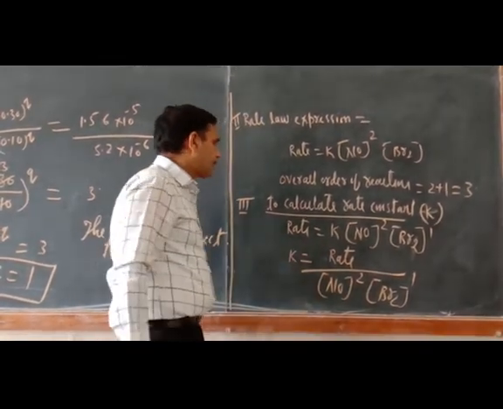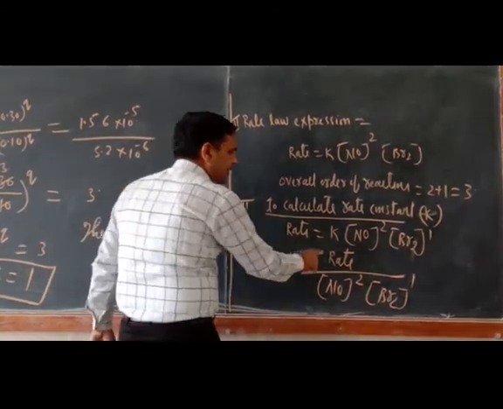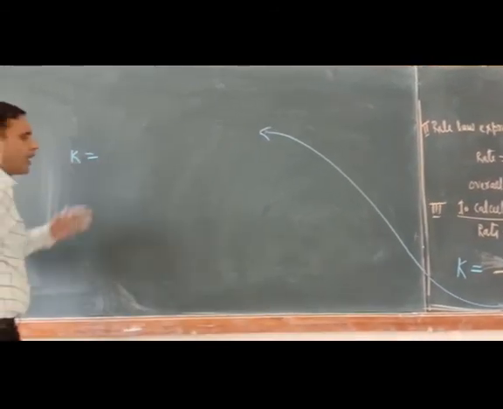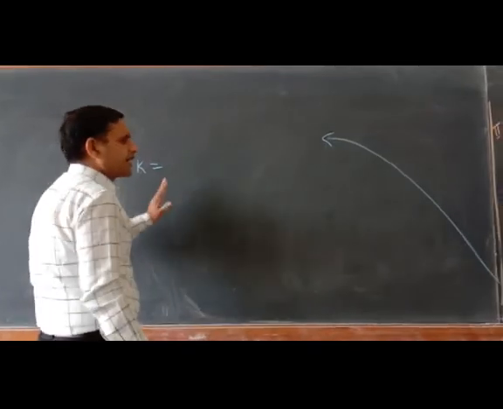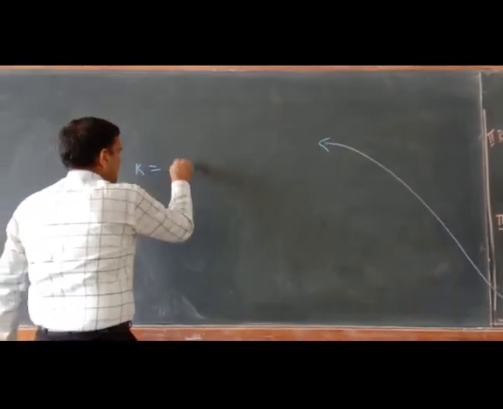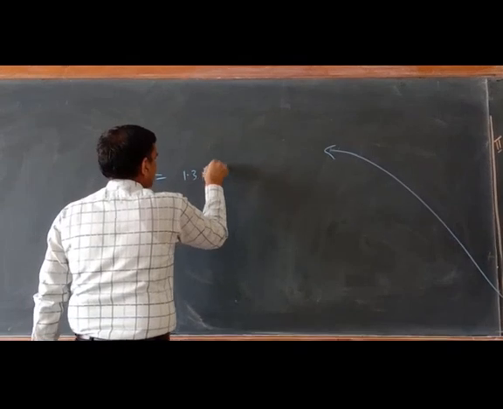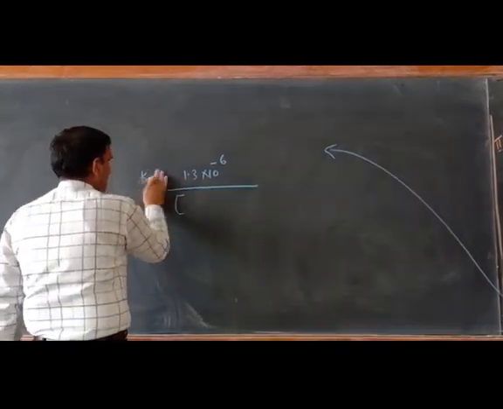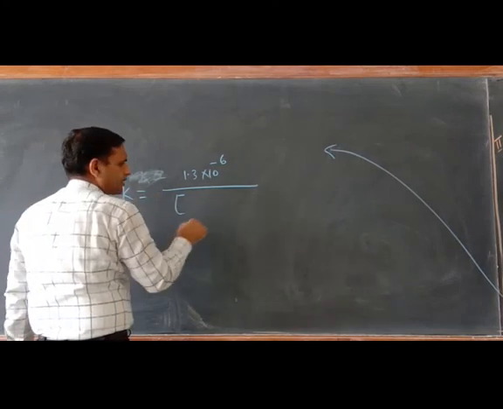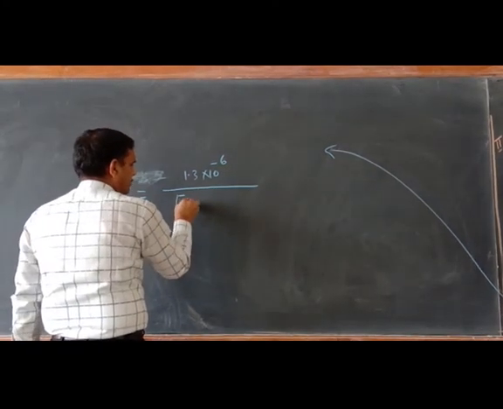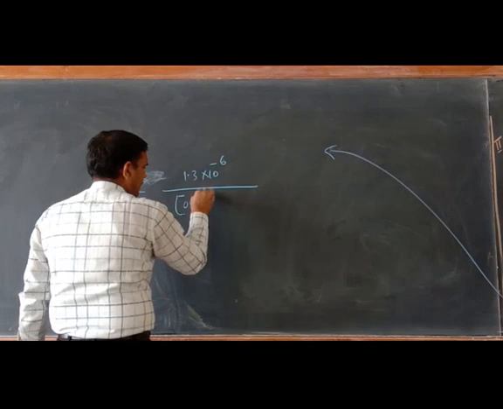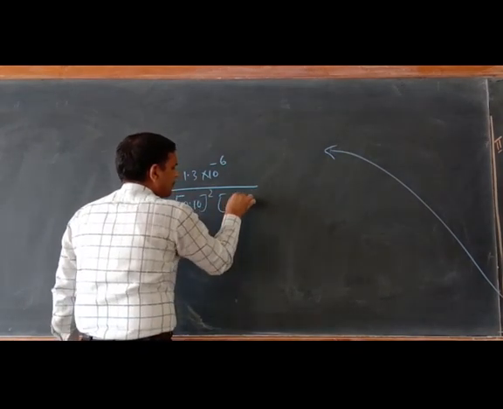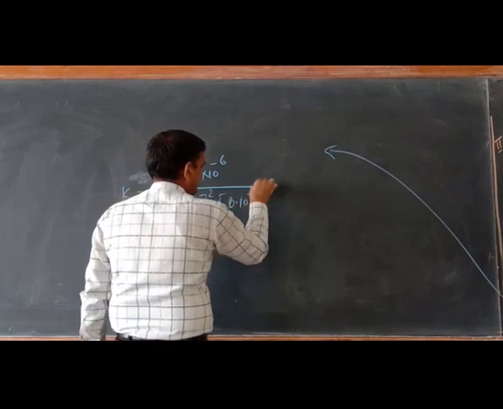Now suppose I am taking here the rate of first experiment, so K equal to, now I am putting the first experiment rate, so that is 1.3 into 10 raised to the power minus 6 divided by molar concentration of NO, that is 0.10, raised to the power 2, Br2 that is also 0.10 raised to the power 1.